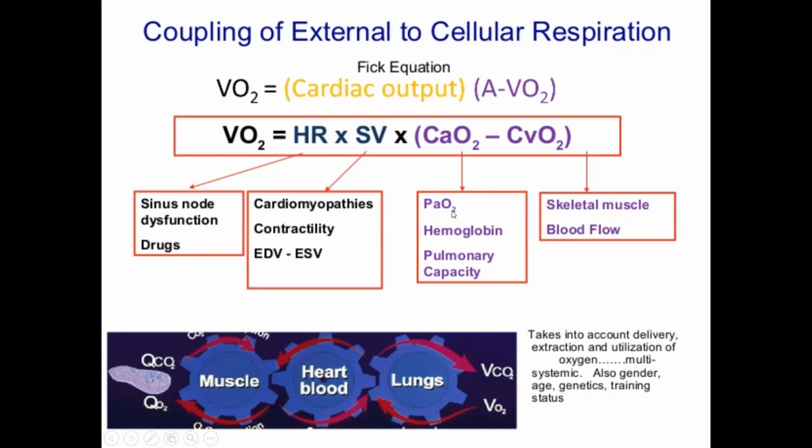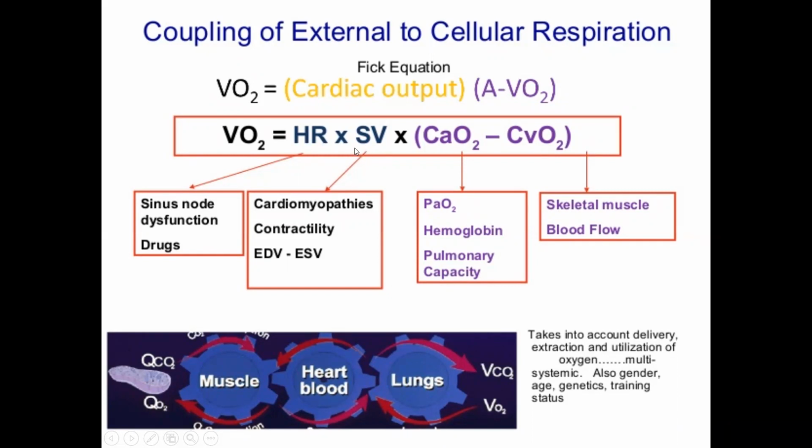Your PaO2, that means if you're hypoxic for some reason to begin with, for example, you have an intracardiac shunt, and you are having a right to left shunt, like in congenital heart disease, your PaO2 will be low, hence the amount of oxygen available to extract will be low, and your peak VO2 will be low just because of that. So there are situations where, if this is abnormal, it will alter your VO2 cardiac output relationship, okay?